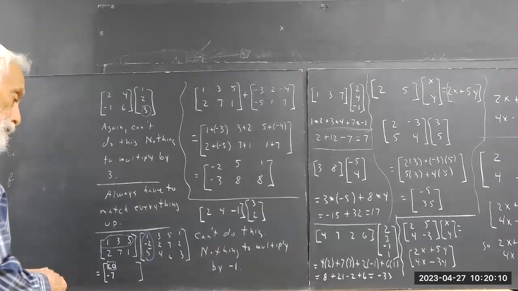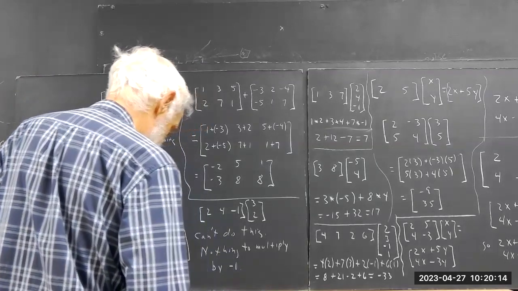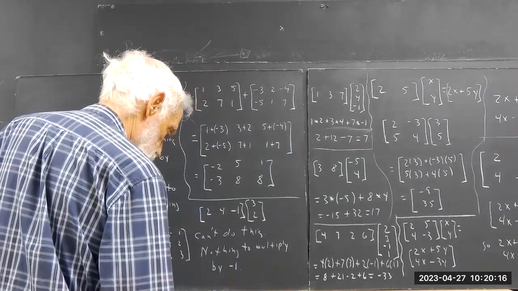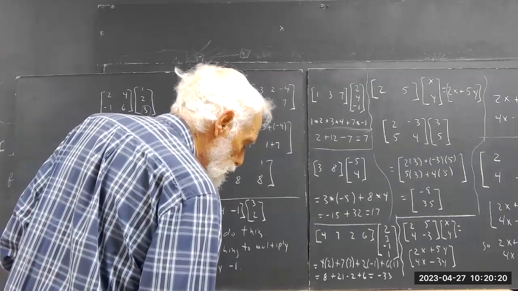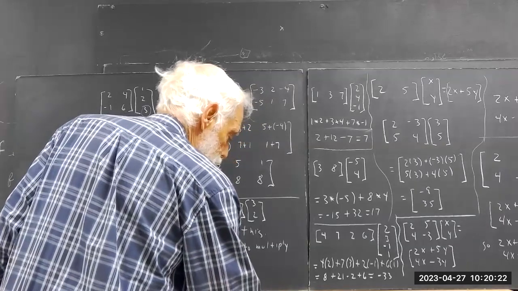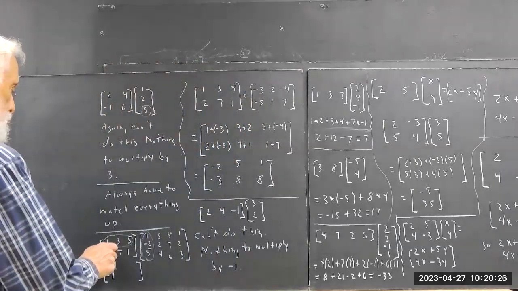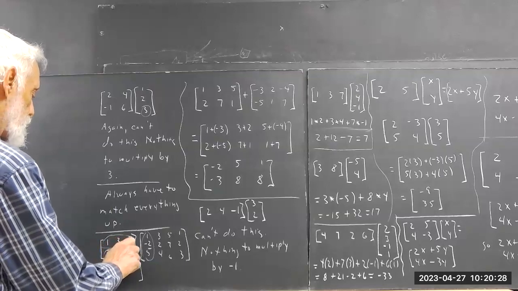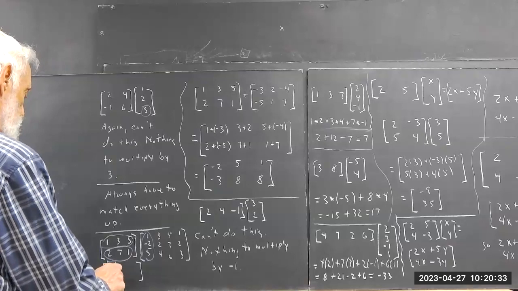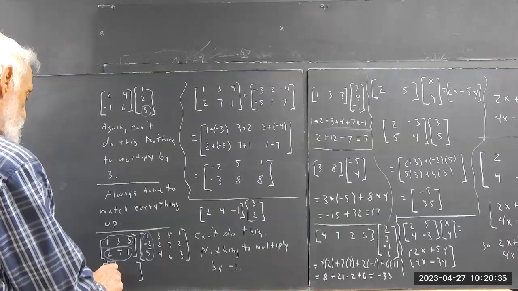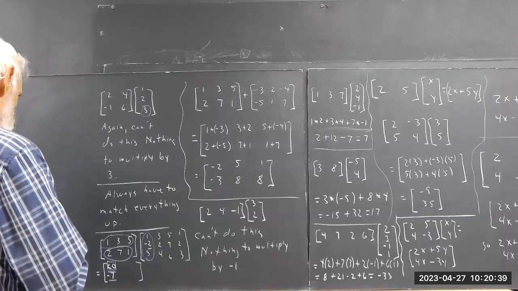Second row times the first column. I have to break down. Don't want to use yellow because it doesn't contrast. Still have a little bit of purple. Okay. Second row times the first column goes here.